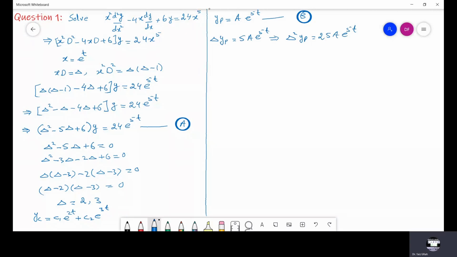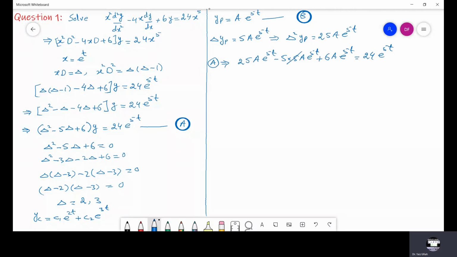Now putting these values in equation A, we obtain 25a e⁵ᵗ minus 5 times the value of Δy, so that is 5a e⁵ᵗ, plus 6 times the value of y, which is a e⁵ᵗ, and this is equal to 24e⁵ᵗ.